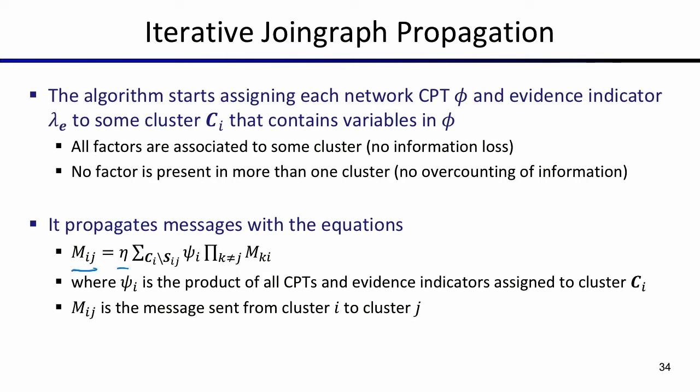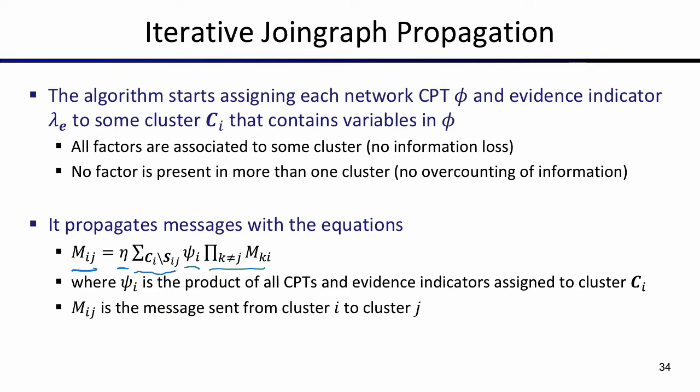We're going to eliminate all the variables that are not present in the separator, and we're going to multiply the factor that is associated to the cluster. This can be a multiplication of one or more factors, and also the evidence indicators that we associated with that cluster, and we take all the messages and multiply them together.